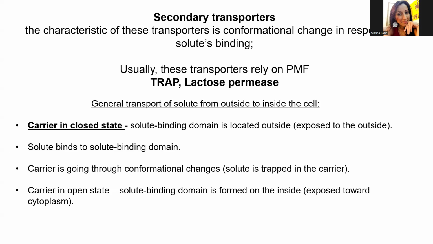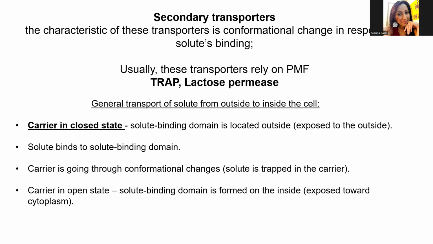So think about this receptor as something integral in the membrane that is filled with very flexible material. And when the solute is binding, that changes conformation, and as it's sliding through the receptor, it's changing the conformation of the receptor.